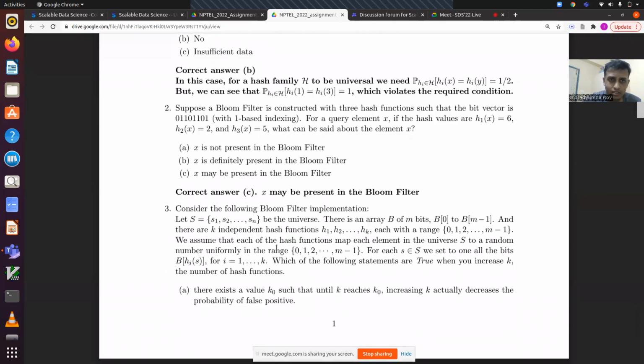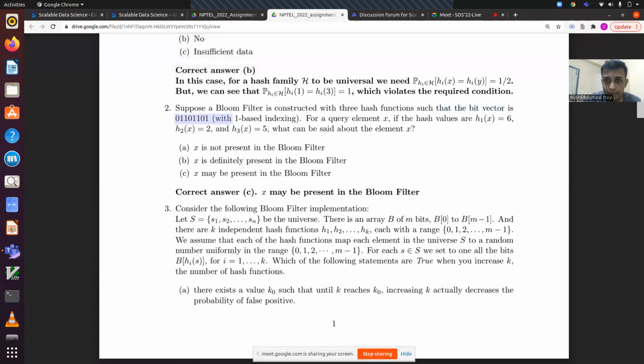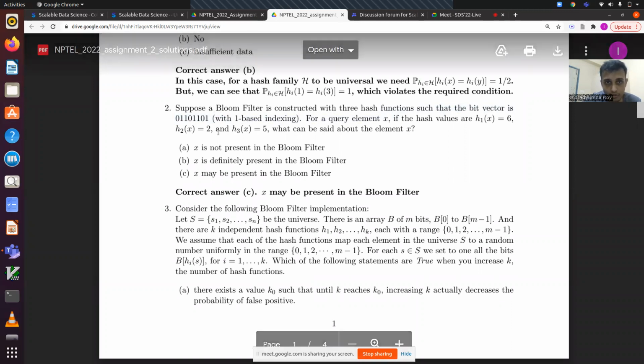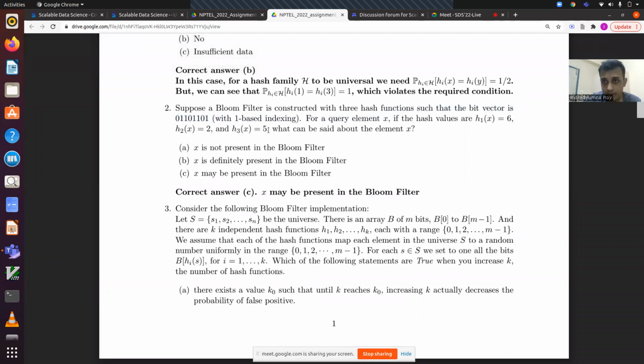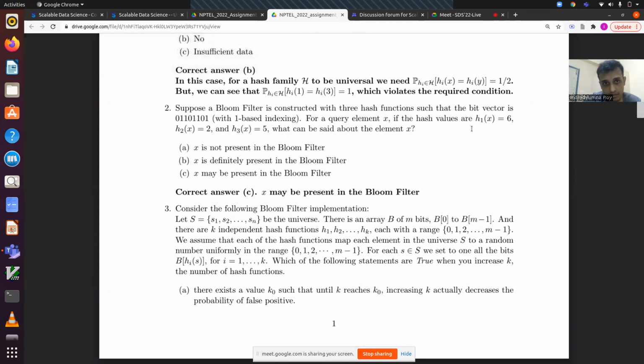Okay, Bloom filter question. Suppose a Bloom filter is constructed with 3 hash functions and the bit vector is this. For a query element X, the hash values are H1 equals 6, H2 equals 2 and H3 equals 5.